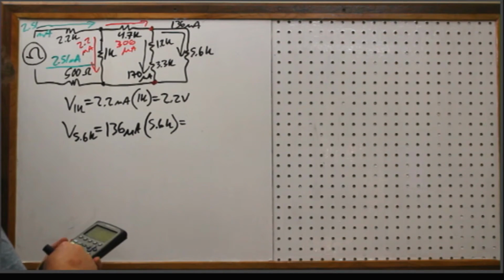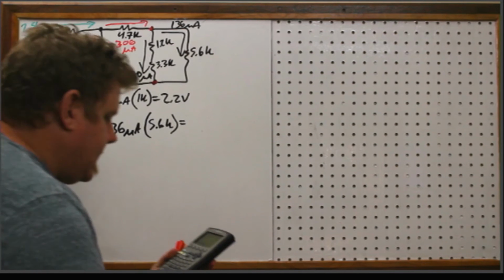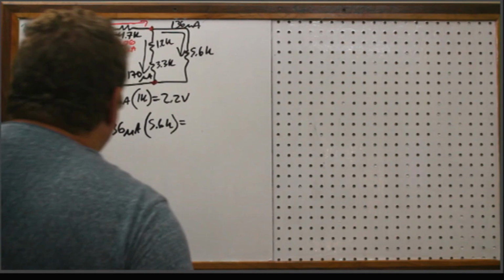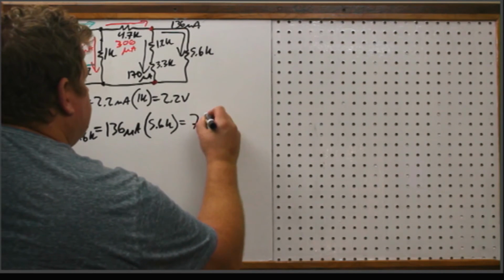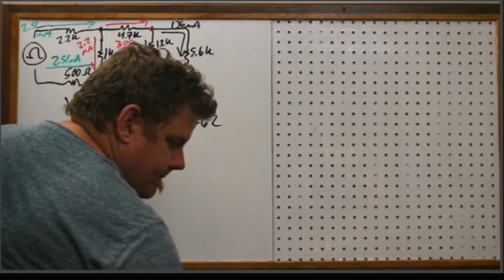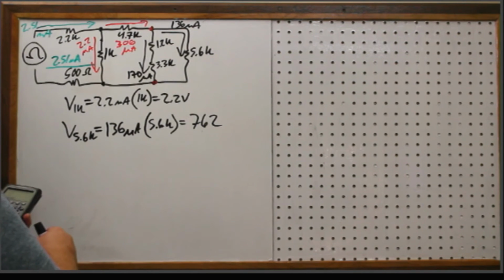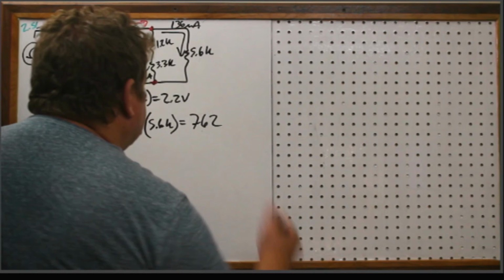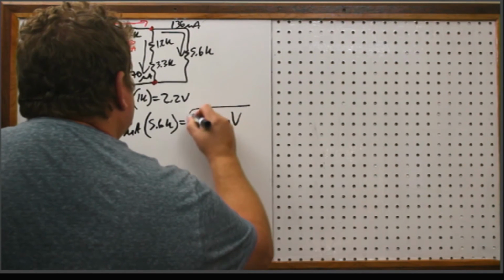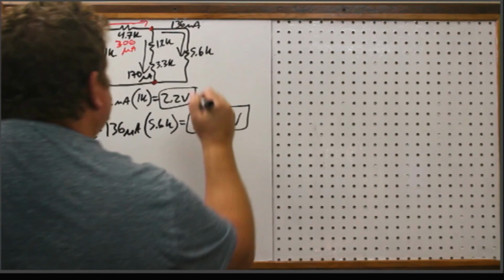So 136 E negative 6 times 5.6 E3. And I get 762 millivolts.